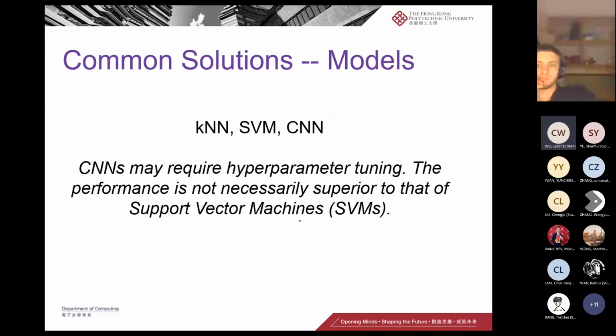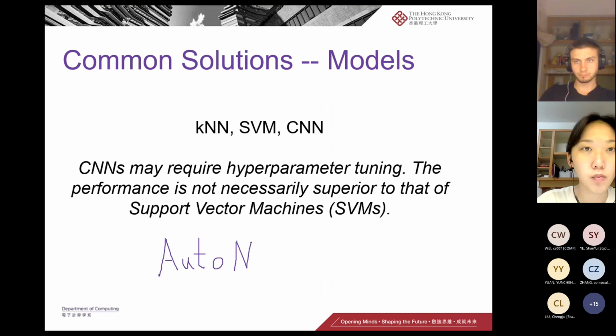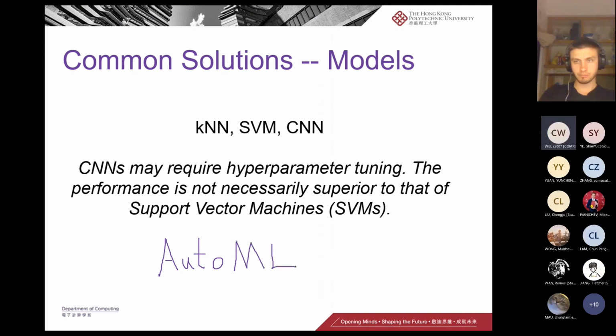That is, it requires heavy hyperparameter tuning, meaning how many layers you need. And actually, some students raised that question last time. So that's what I mentioned. If you're looking for a better way of tuning those hyperparameters, you can search or Google AutoML. This is a tool to help you tune the hyperparameters.